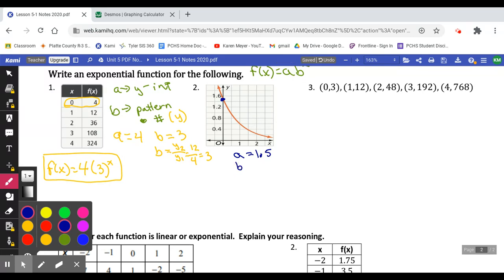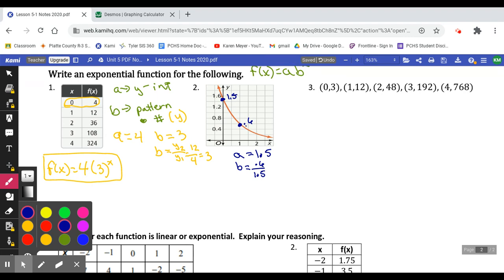And then for my b number, I need to pick another nice, neat point on my curve here. So I got this point, and I'm going to do this point. This y number was 1.5, and this y number is 0.6. So I'm going to do 0.6 divided by 1.5 on my calculator.